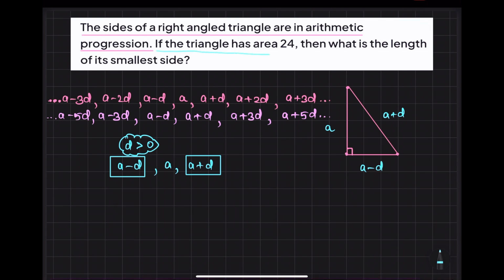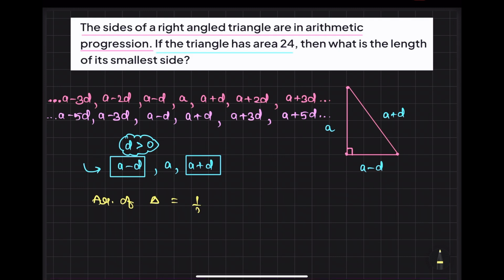If the triangle has an area of 24 square units, then what is the length of its smallest side? Means we have to find out a minus d. Before that we have to find out a and d, then only we can calculate. As they have given the area of the triangle to be 24, let's write down the area of the triangle.